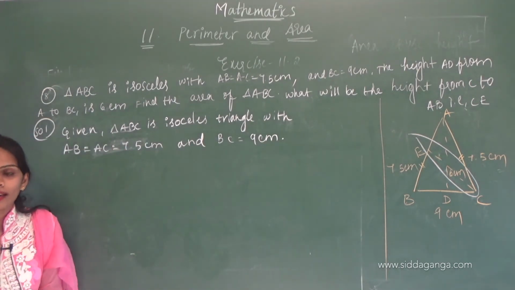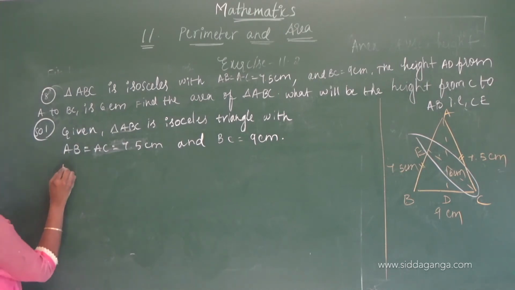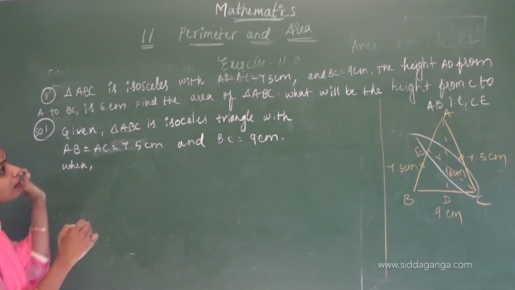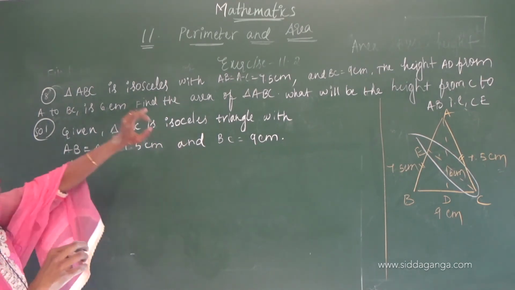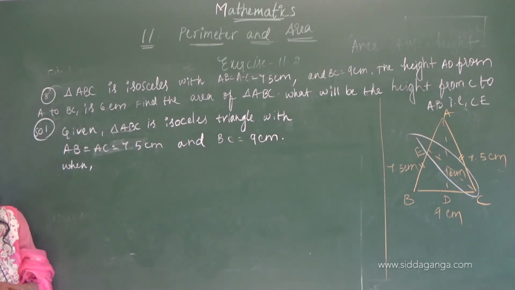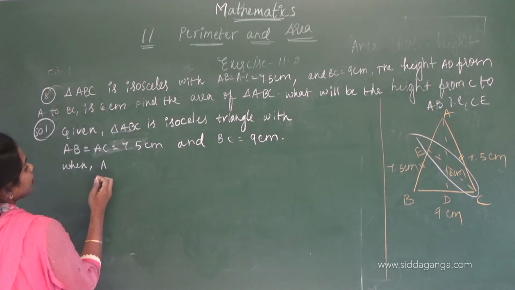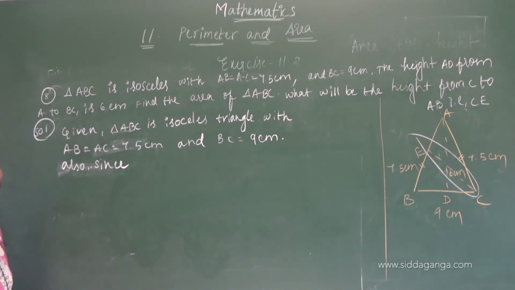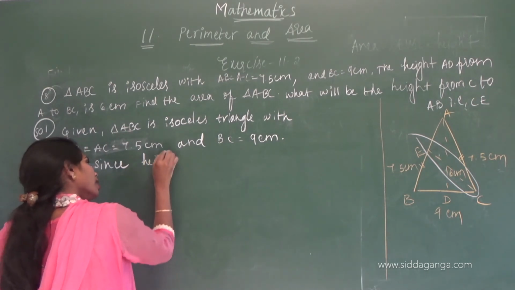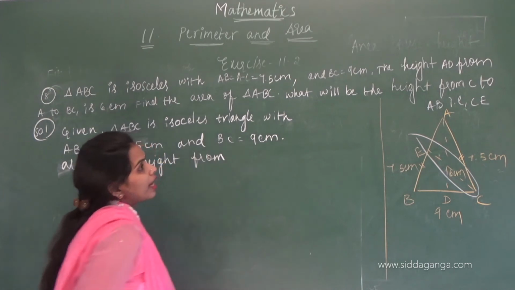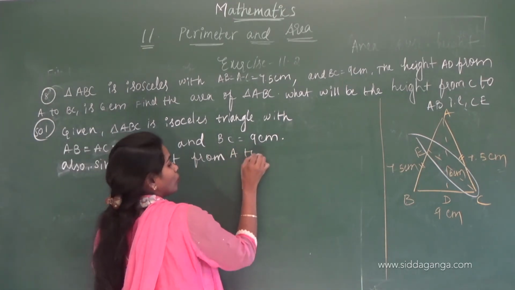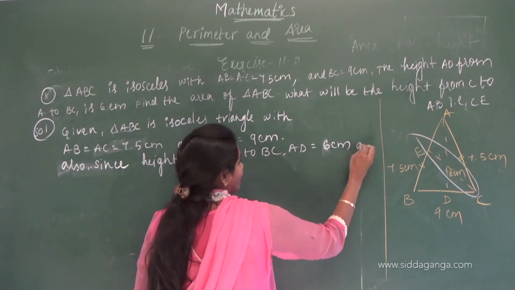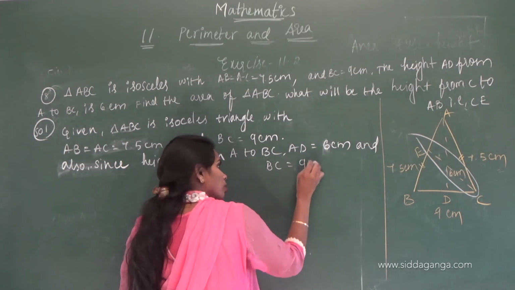Also given that BC is the base, and the height AD from A to BC, AD is equals to 6 centimeters, and the length of the side BC equals to 9 centimeters.